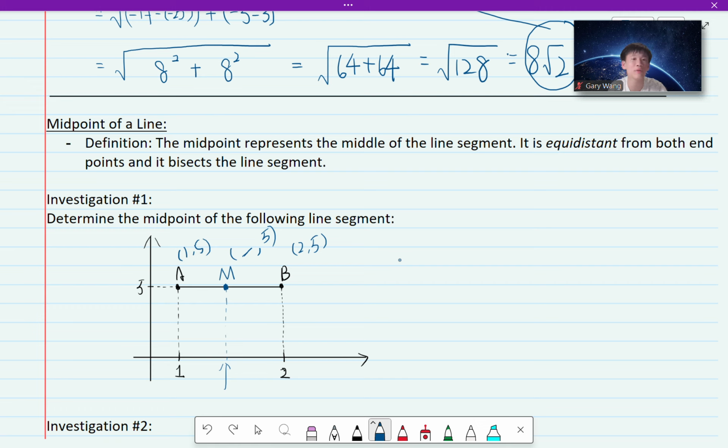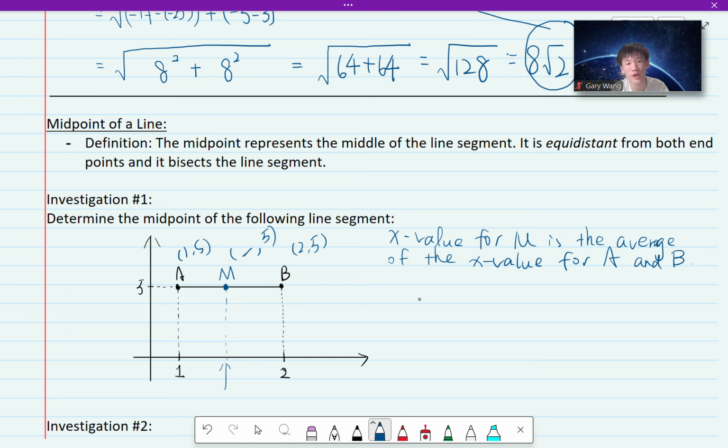We need to recognize that this X value, let's say the X value for M, is the average of the X values for point A and point B.